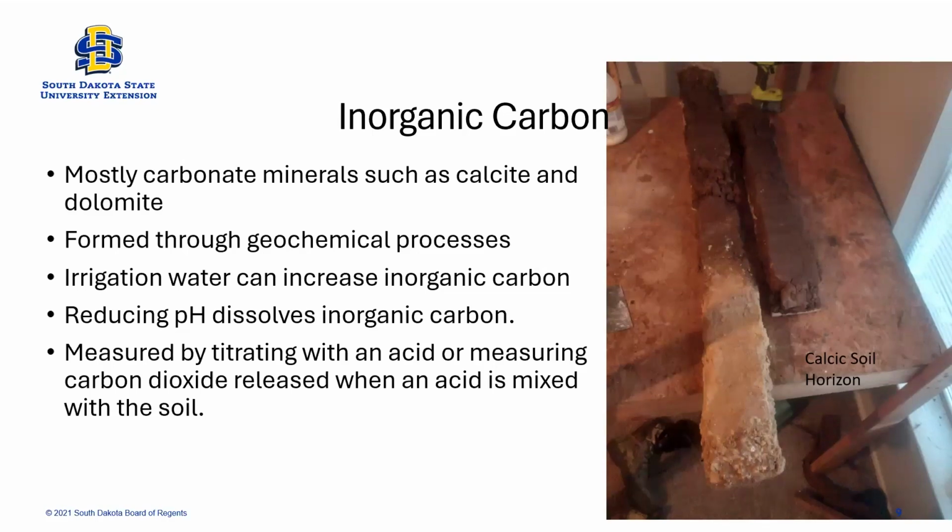Near the surface, you'll have carbonates in the parent materials, and they will dissolve and move deeper into the soil. Where the water stops going down deep into the soil, the carbonates will precipitate and form a white color, such as at the bottom of the soil monolith.